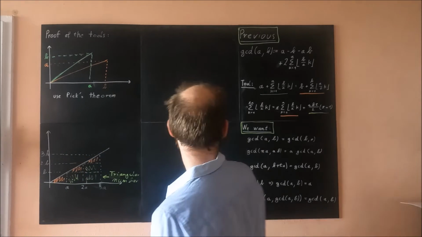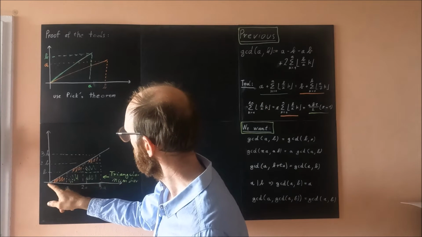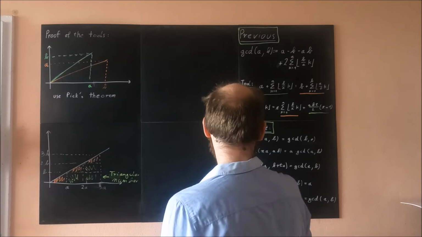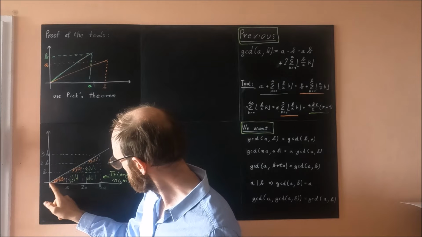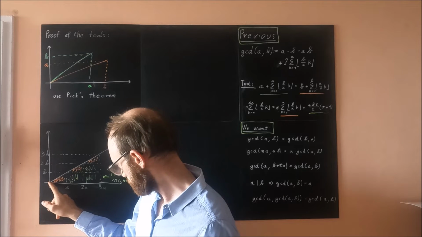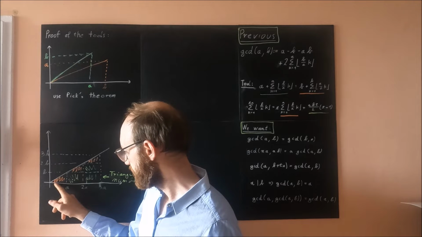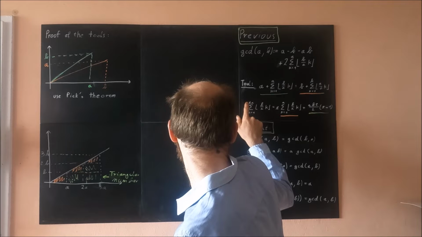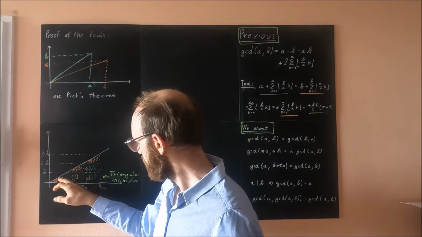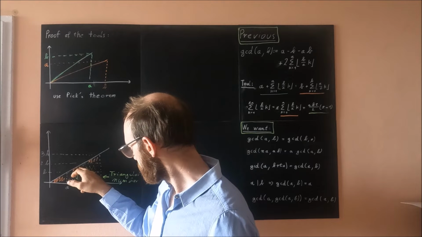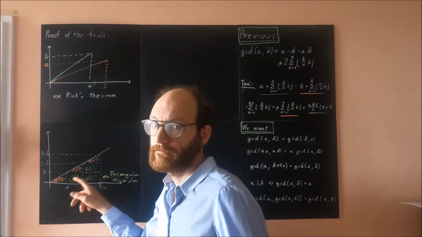For the second one, again we consider b over a times k as a straight line, b over a times x. We get this line, and like I said, this sum is counting all the lattice points on the triangle and in the triangle except the bottom line. And for this multiple, you can check by yourself that we can count t triangles here, and we are left with some rectangles.